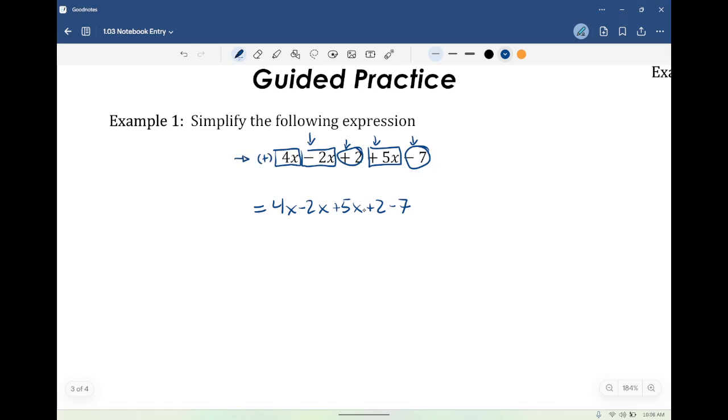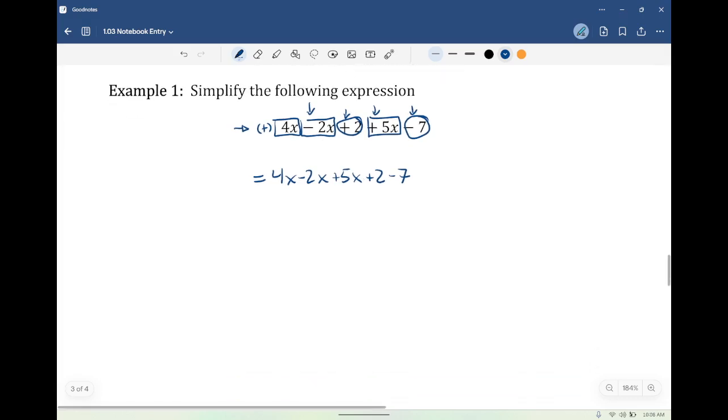If it's negative, you will see a clear negative sign.